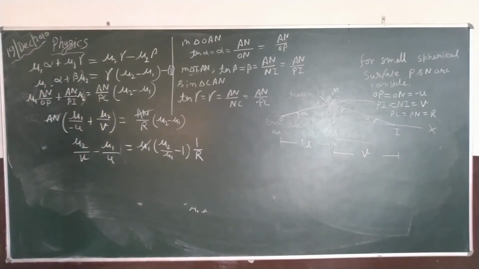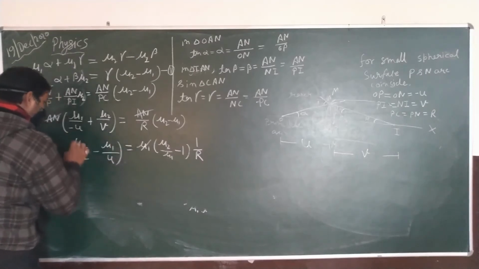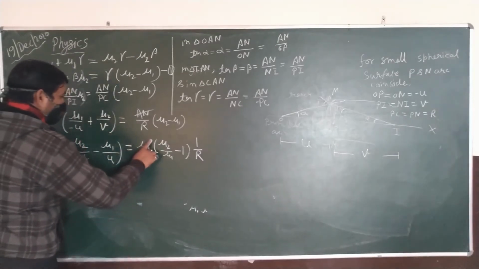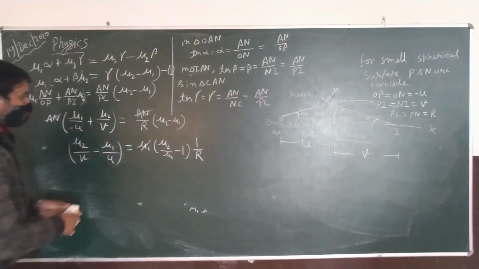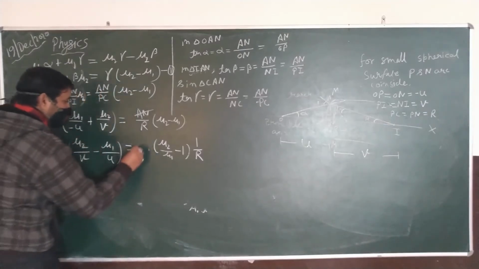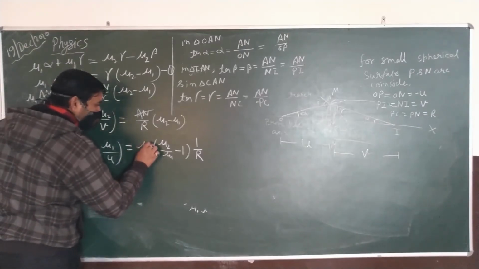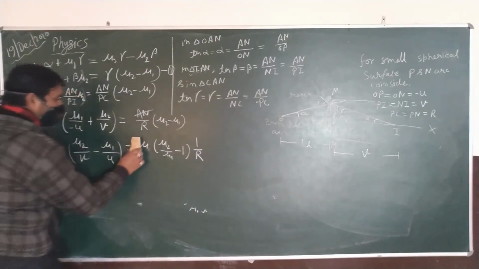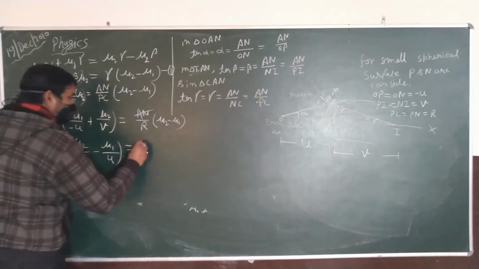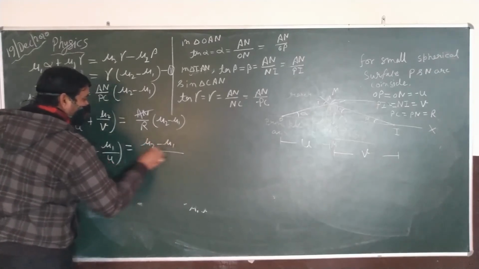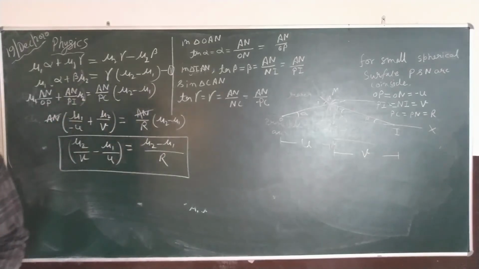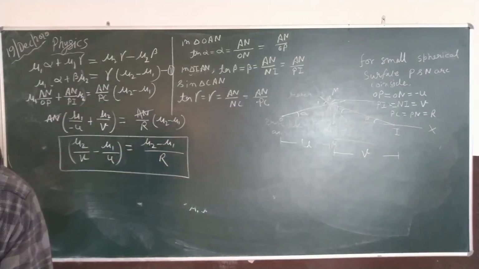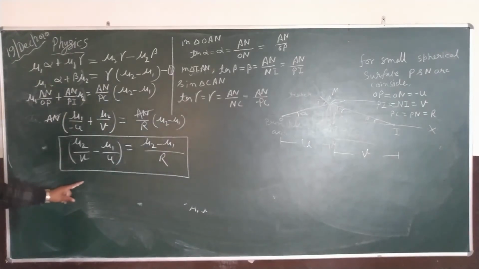Now, or without taking common, we get mu2 minus mu1 upon R, and this is the required relation. Yes, this is the required relation for the spherical convex surface. Note it down.